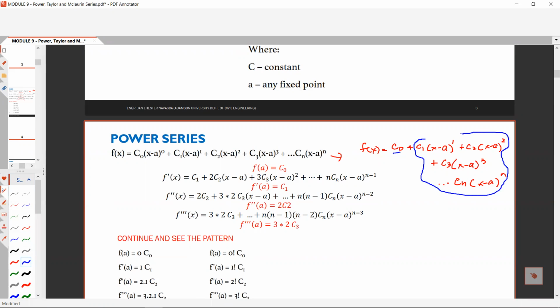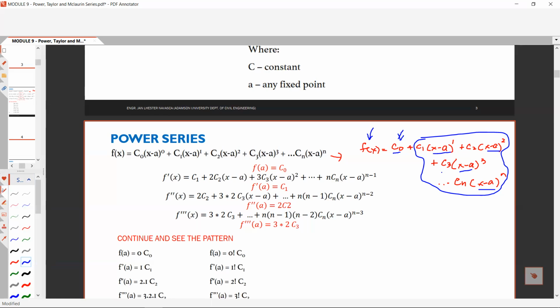Ano ba yung ilalagay nating value of x to make all these terms 0? Para matitira na lang c sub 0. Okay, kung mapapansin nyo that all terms have x minus a, x minus a, x minus a, and x minus a.